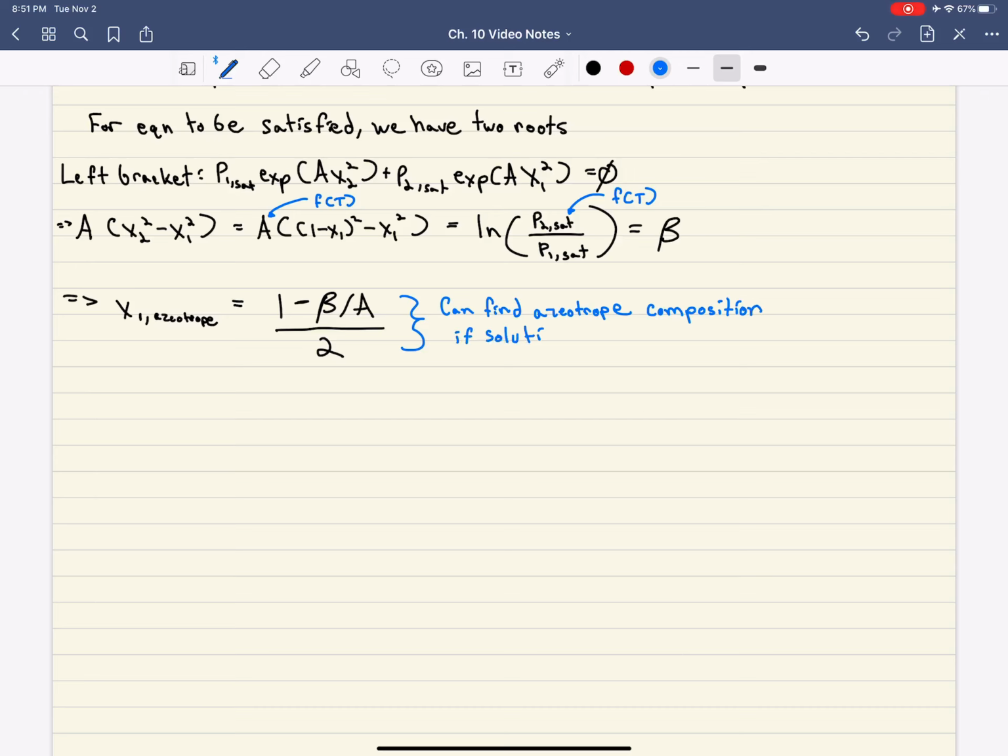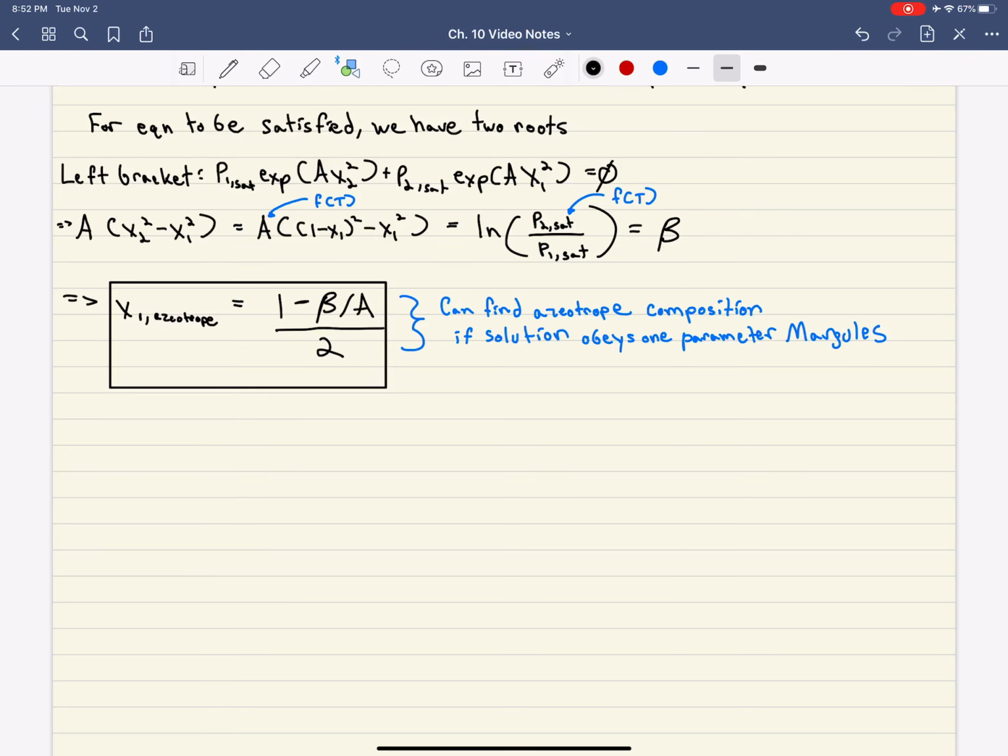But we have to remember that in order to do this analysis, we assumed that our excess Gibbs energy could be described by a one-parameter Margules equation. Okay? And so this result is only valid for the one-parameter Margules model. Okay? All right, and so if you're dealing with a one-parameter Margules equation, this is the shortcut equation that would give you that azeotrope composition.